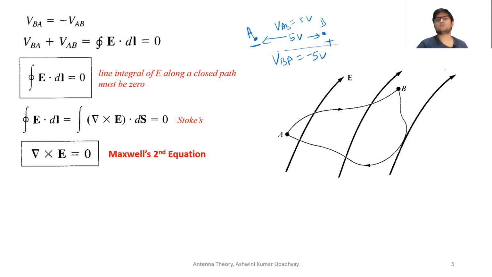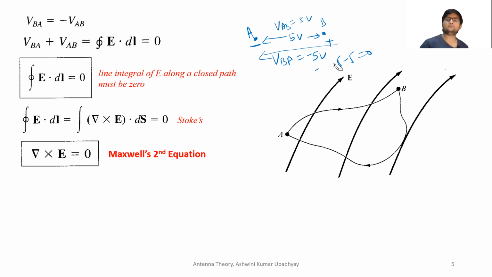Because you are now seeing in the opposite direction. So you can also say that VAB plus VBA will be plus 5 minus 5 is equal to 0. So if you reverse and then add, then you are going to get a 0 voltage.